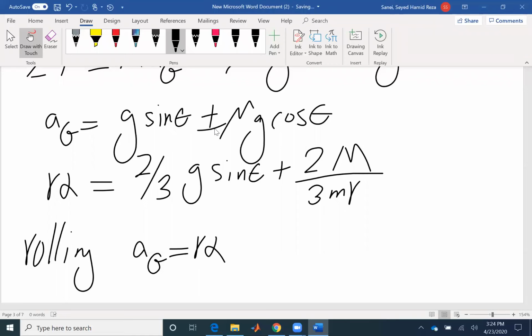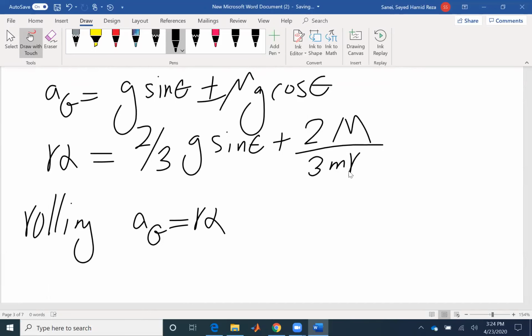So the friction force could be either going up or down depending on the magnitude of m. So there is a range of m for which our disc would be rolling. And the friction force, depending on the magnitude of m, could be positive or negative.